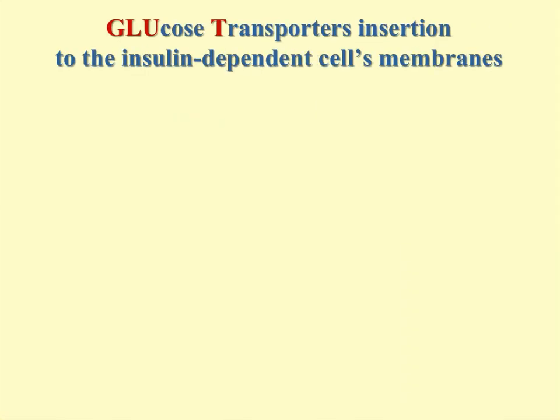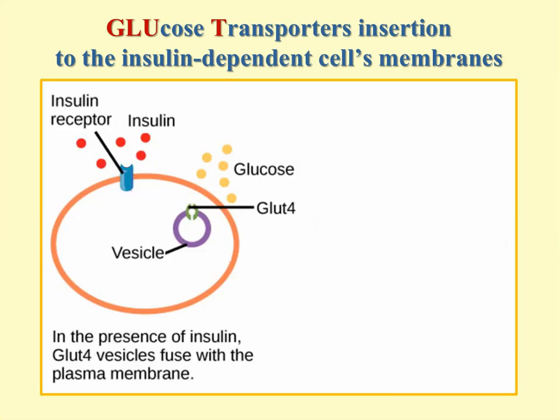Now let's observe in more detail the glucose transporters, which are inserted into cell membranes under the action of insulin. It refers to insulin-dependent cells, and we mean here the muscle cells, skeletal muscles, and fat tissue cells. Look, in the absence of insulin, the cells have glucose transporter number 4, GLUT4, but it's not present in their membranes.